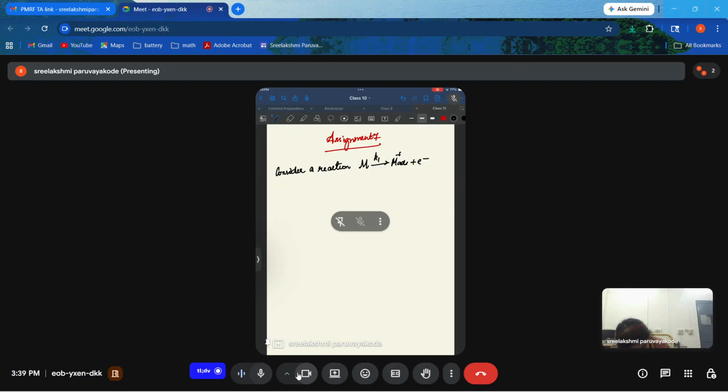Frumkin isotherm is used to describe adsorption. Some kinetic parameter values are given. Okay.